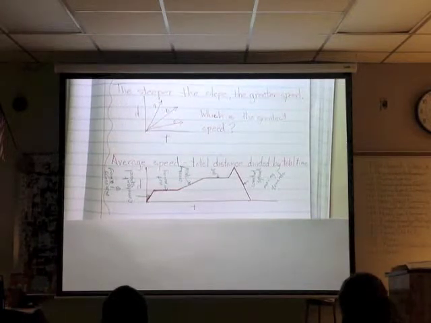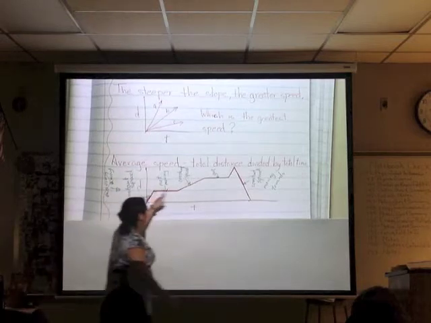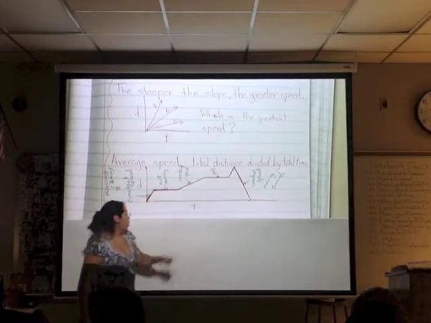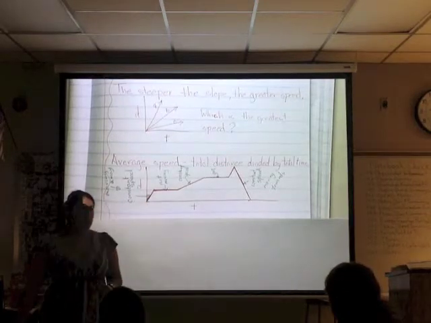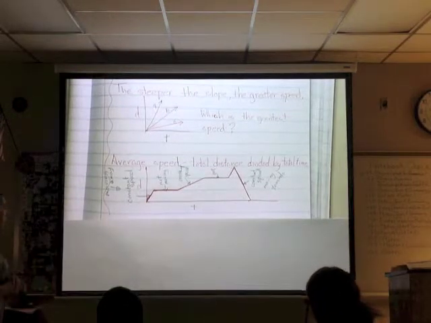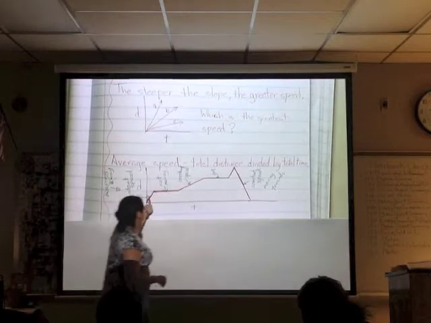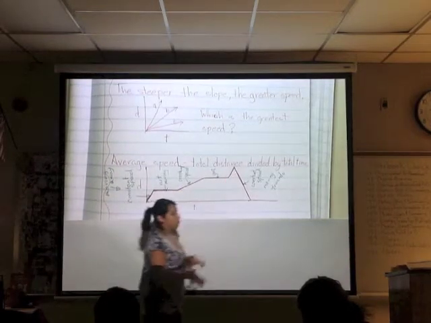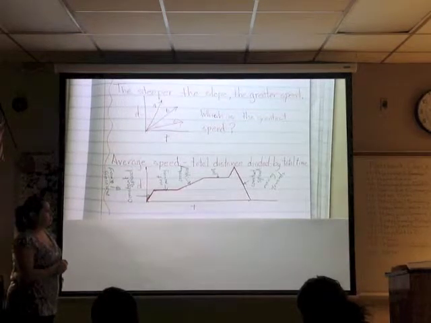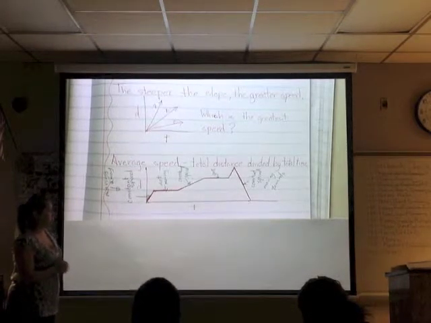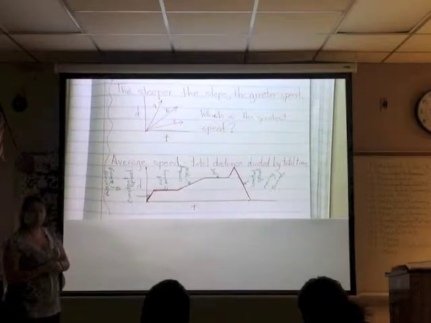Alright? Now, looking at these 3 lines. This one, this one, this one. 1, 2, 3. Alfredo, which one is the fastest one? 1, 2, or 3? You think it's 3? I would probably agree that would be 3.